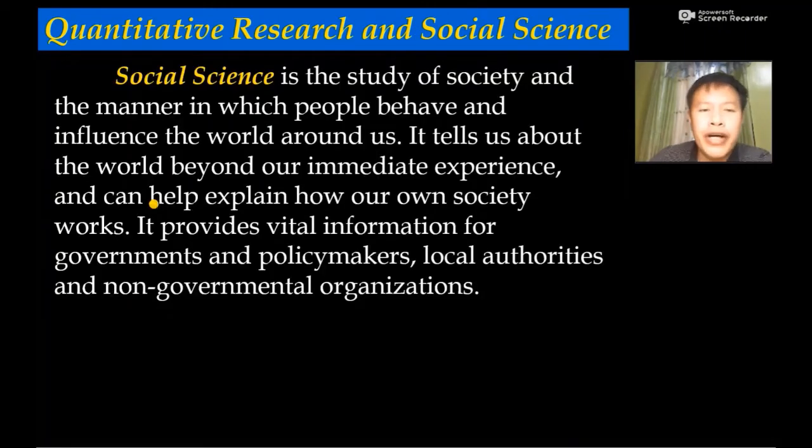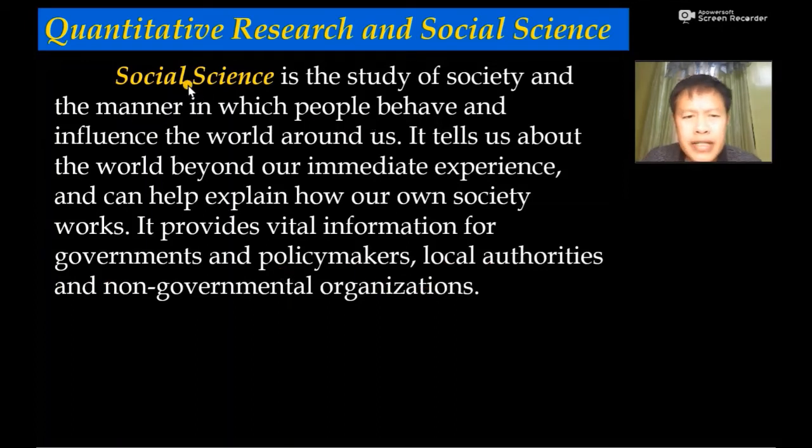We're going to define first what a social science is. Social science is the study of society and the manner in which people behave and influence the world around us. It tells us about the world beyond our immediate experience and can help explain how our own society works. It provides vital information for governments and policymakers, local authorities, and non-government organizations.